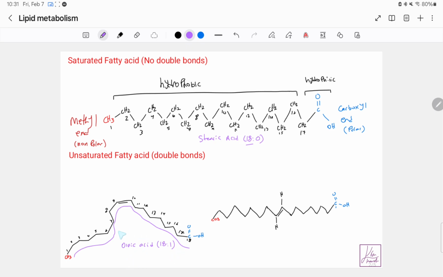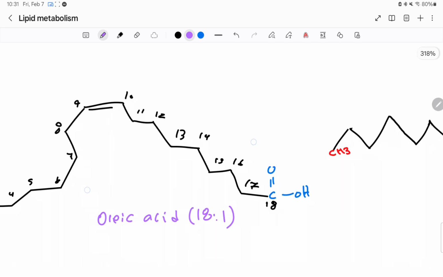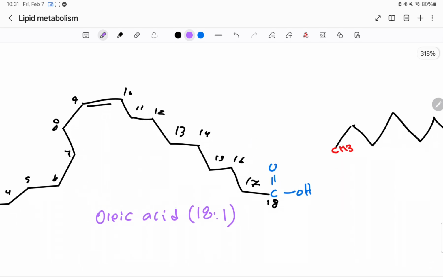But specifically, this double bond in the cis format results in this scenario.